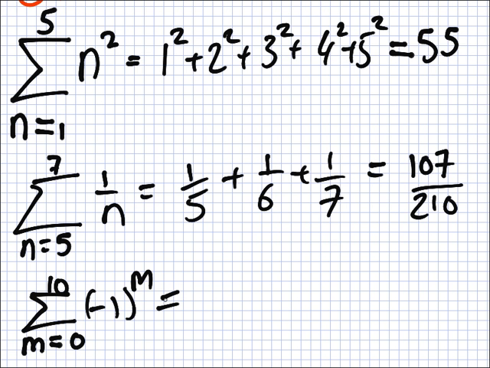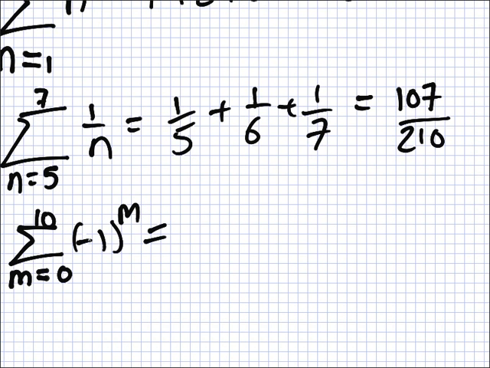Now there's a quick way to do this one, okay? So what's the first one going to be? Minus 1 power 0, which is 1. And then the next one, minus 1 power 1. And then the next one, minus 1 squared. So do you see what's going to happen? They'll cancel. They'll all cancel if there's an even number.